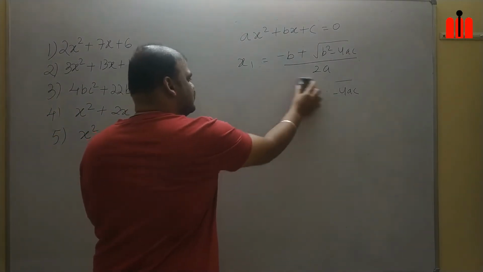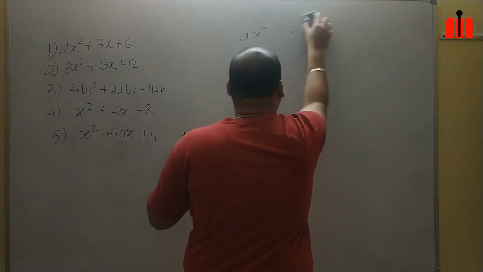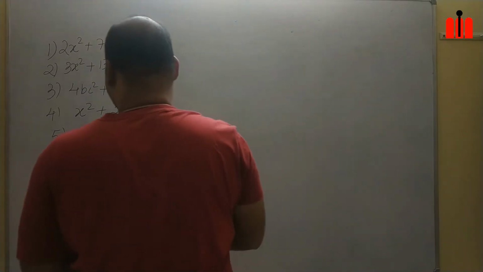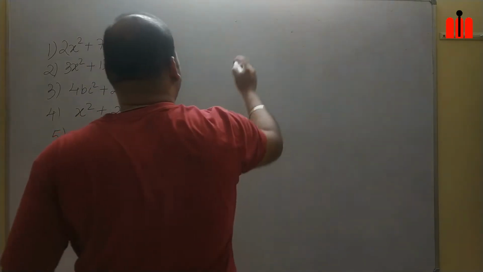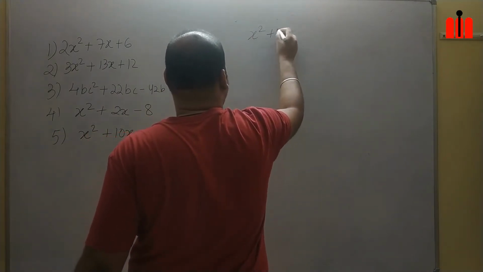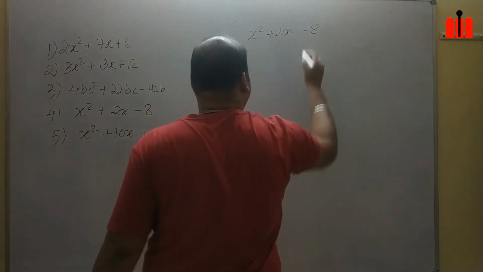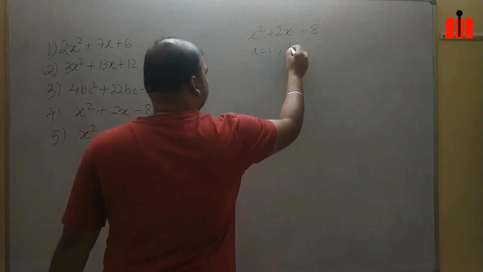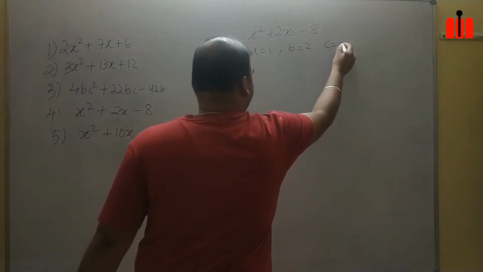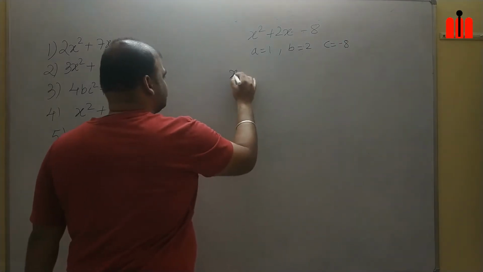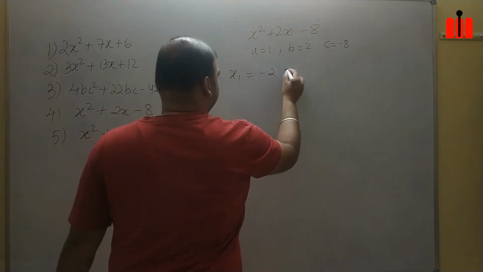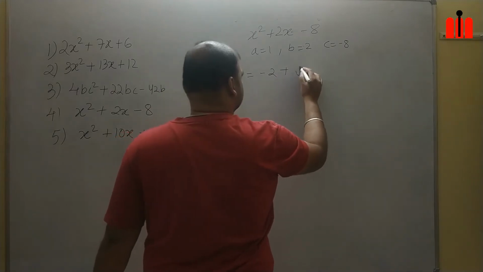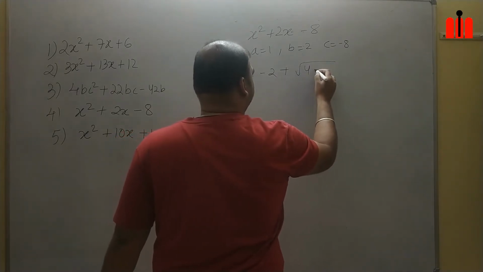Now let's use this formula for the fourth problem. The fourth problem is x square plus 2x minus 8. So what is the value of a here? a equals 1, b equals 2, and c equals minus 8. So x1 will be minus b plus or minus root of b square minus 4ac.